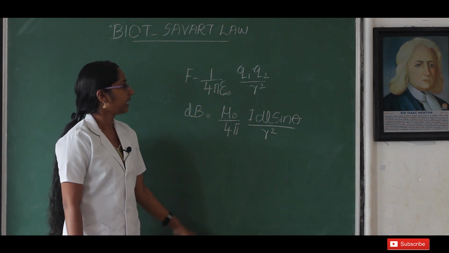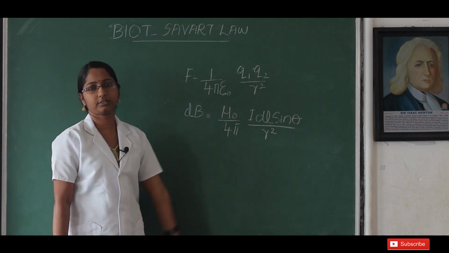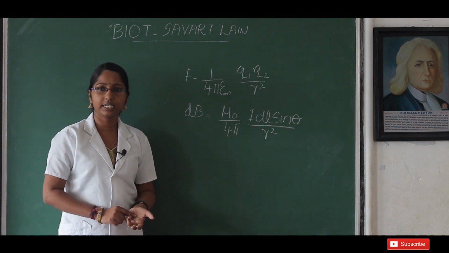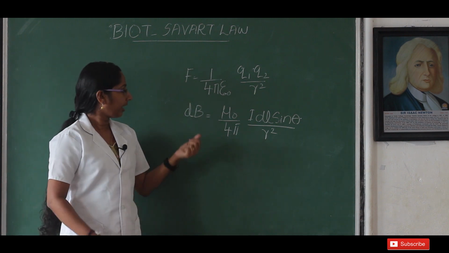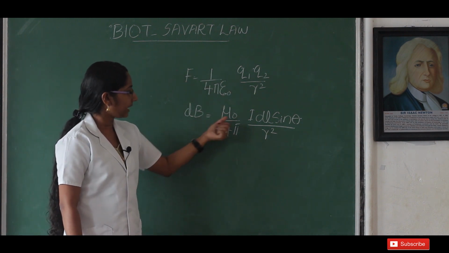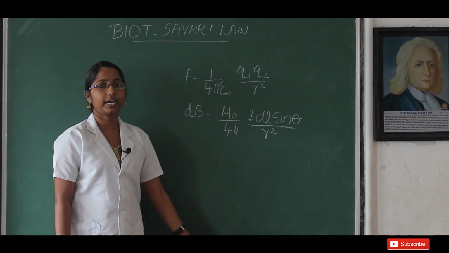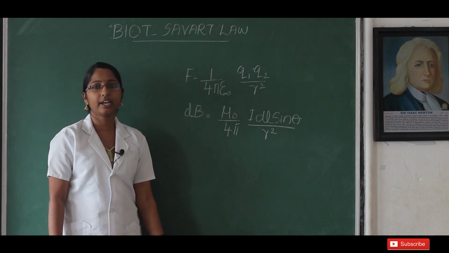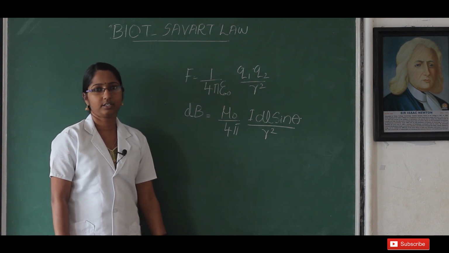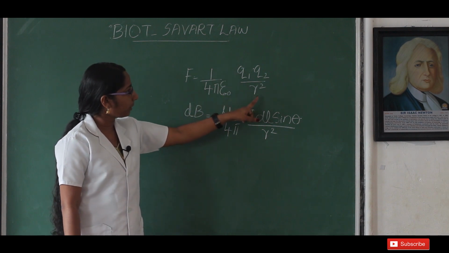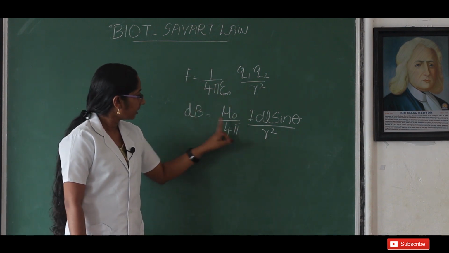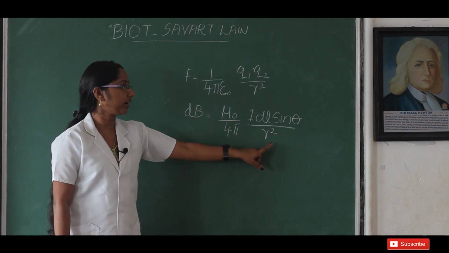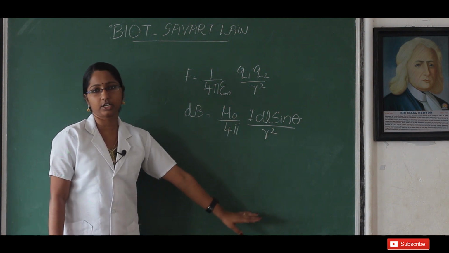Okay, and we know this force from Coulomb's law depends on charge. Charge is a scalar quantity. And this magnetic field depends on current I, that is a vector quantity. So, Coulomb's law depends on a scalar quantity, but our Biot-Savart law depends on a vector quantity.